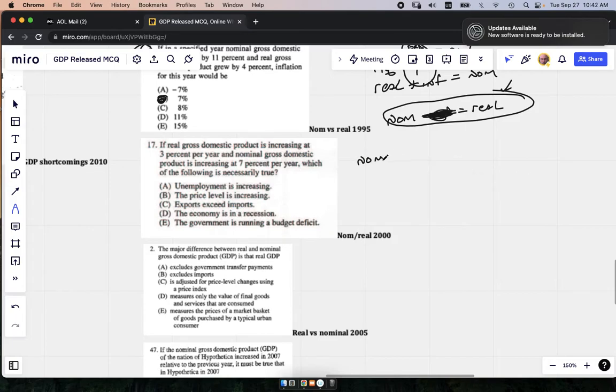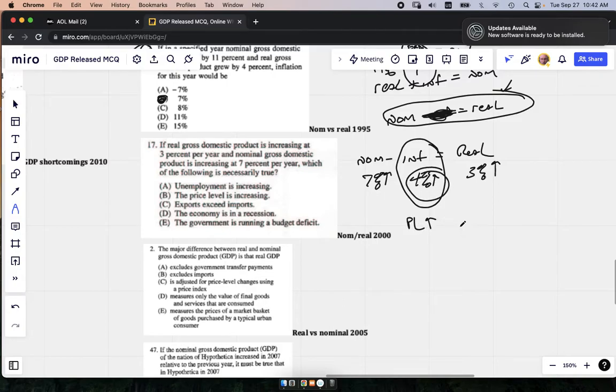Go ahead and read it. All right, if real GDP is increasing by 3% and nominal GDP is increasing by 7%, well, 7 minus what equals 3? It's got to be 4%. But recognize that inflation going up by 4% is the same thing as saying the price level is going up by 4%.